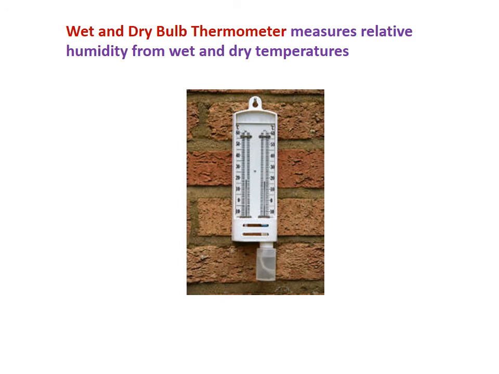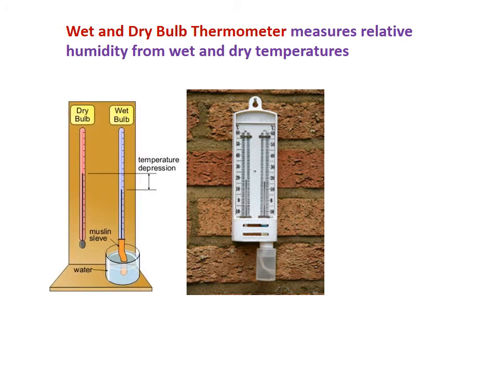Now let us come to measurement of the relative humidity. For measuring relative humidity, again you can use a thermometer. For example, the first figure shows two thermometers of the same type fixed on a board. One is called the dry bulb and the other is called the wet bulb. With the help of a wick, the bulb of the wet bulb thermometer is covered, and that wick goes into a reservoir of water.